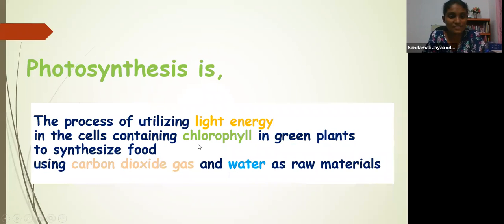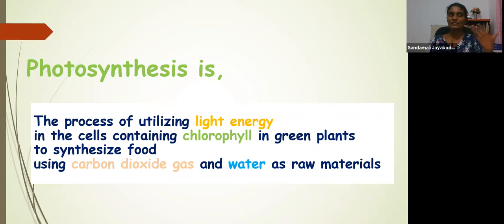So for that process of producing food, they are using carbon dioxide and water. Carbon dioxide gas is absorbed from the atmosphere and water is absorbed from the soil. They are just raw material. As an example, in a factory complex, they are producing particular product. To produce that particular product, they are using different raw material.